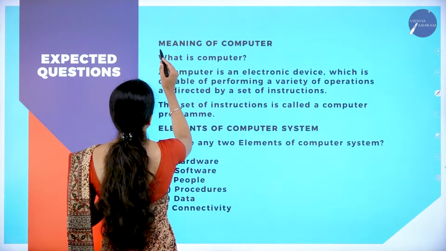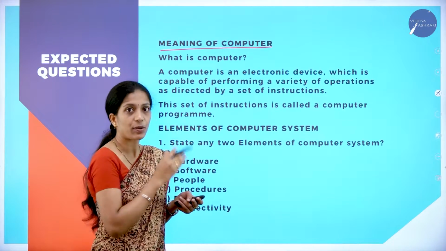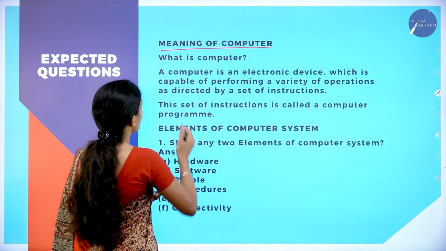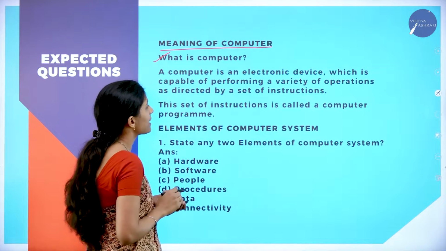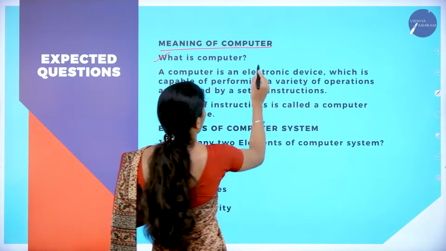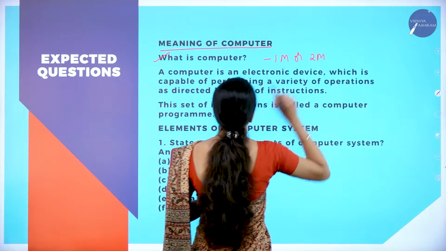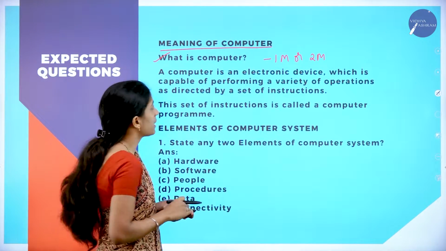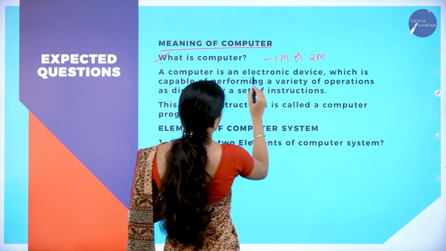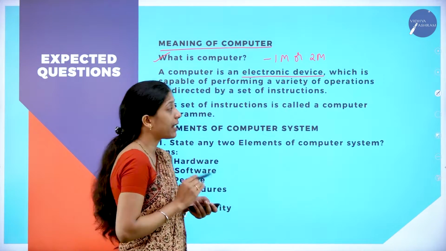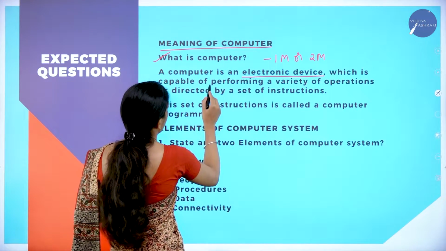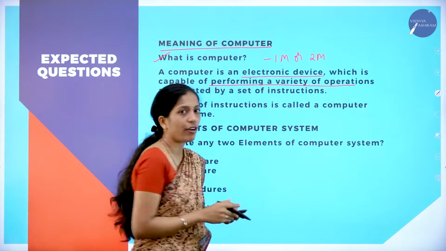Now, if you see the meaning of computer, that is a concept relating to meaning of computer. So you might get a question, what is computer? They might ask for 1 mark or for 2 marks also. How you have to write here? A computer is an electronic device. As I told you, it is an electronic device which is capable of performing variety of operations.